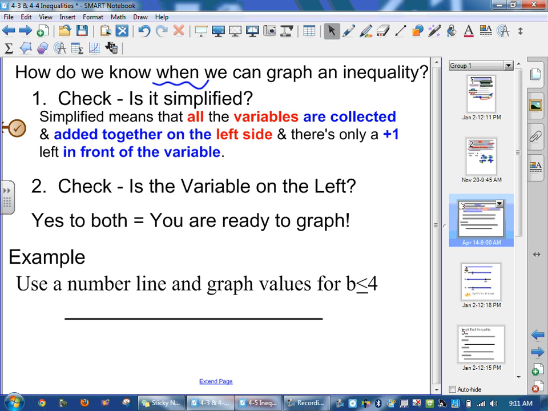So you've reduced it, you have simplified it, and now all you have left is a hidden 1 in front of the variable. That's when you're ready to graph it. You cannot graph it if there's a number in front of your variable.